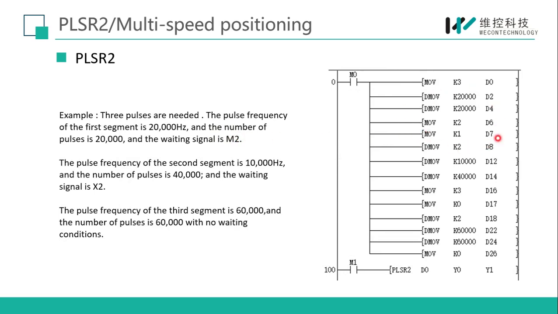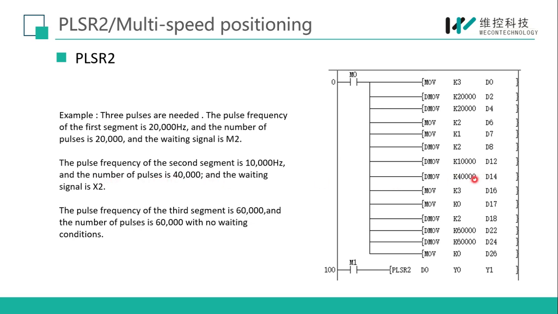So this part is for the first segment. And from D12 to D18 is for the second segment. The frequency is about 10,000 Hz and the number of pulses is 40,000.